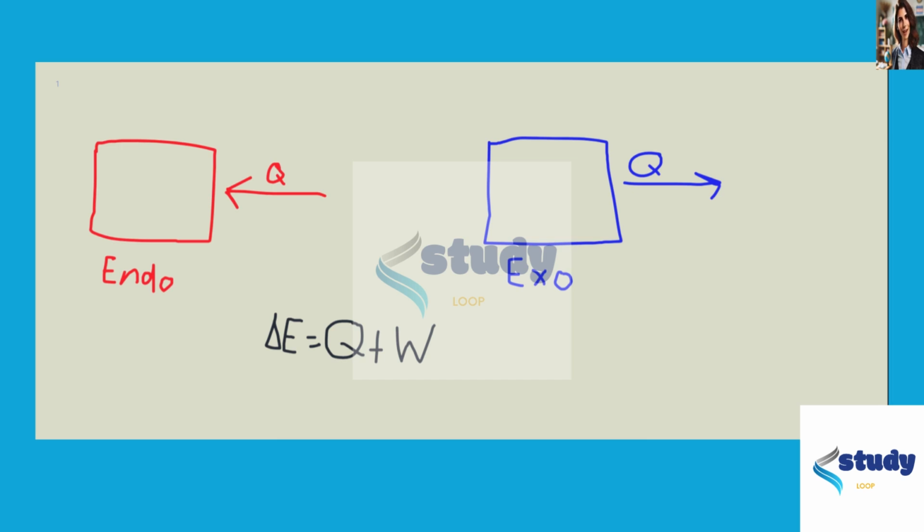So remember, the loss of heat or work done by the system is always less than the gain of heat or work done on the system.